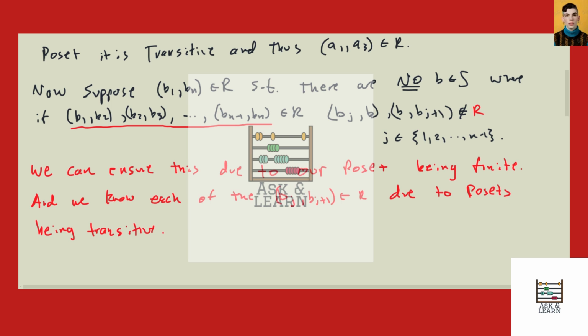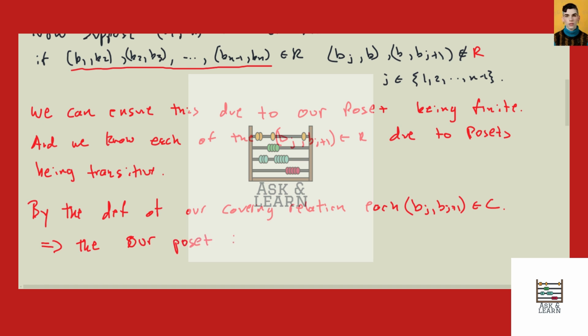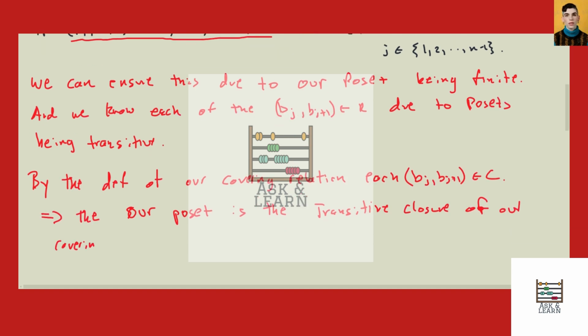And now what this means is, by the definition of our covering relation, each (B_j, B_{j+1}) must also be an element of C. So since that's the case, this implies that our poset is the transitive closure of our covering relation.